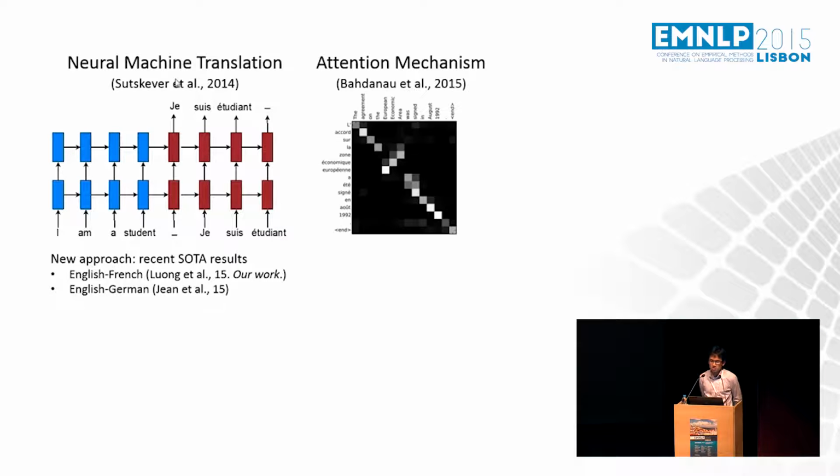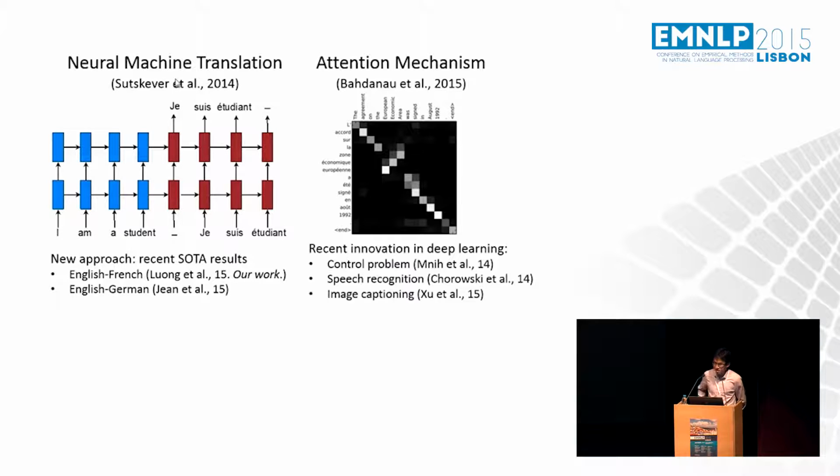The other thing I want to talk about is the attention mechanism, proposed by Bahdanau et al. 2015 for machine translation, which tries to learn to both translate and align at the same time. This is a really nice innovation, not just within machine translation, but also across a wide variety of deep learning applications, for example, control problems, speech recognition, or image captioning.